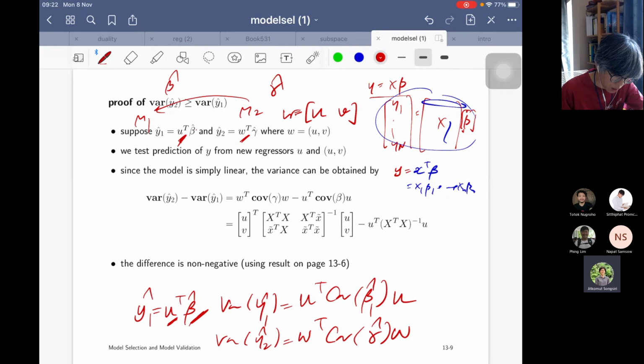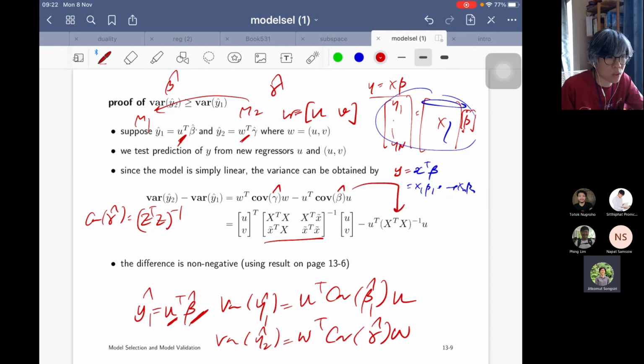Now you substitute. What is the covariance of gamma hat? It is Z transpose Z inverse, right? This is the expression. Covariance of beta hat is X transpose X inverse.